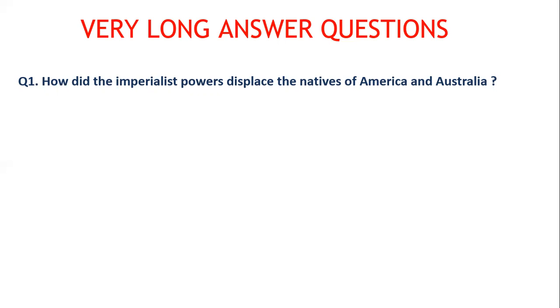Third tactic, to buy their fish, skins, and other forest products at a very cheap rate and sell them their own products like blankets, vessels, guns, etc., at a high rate. So they were exploiting them economically.